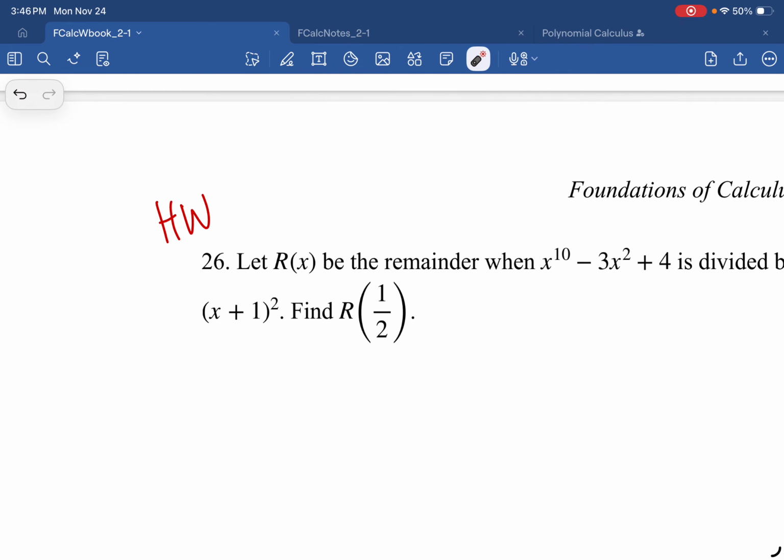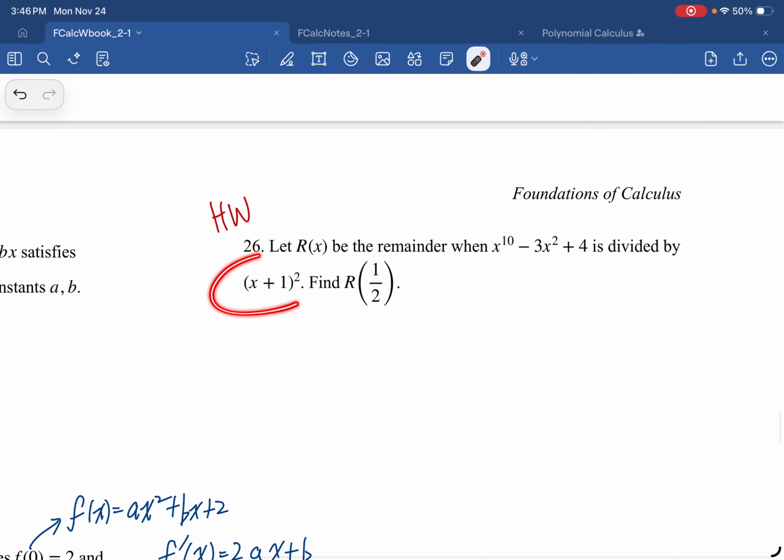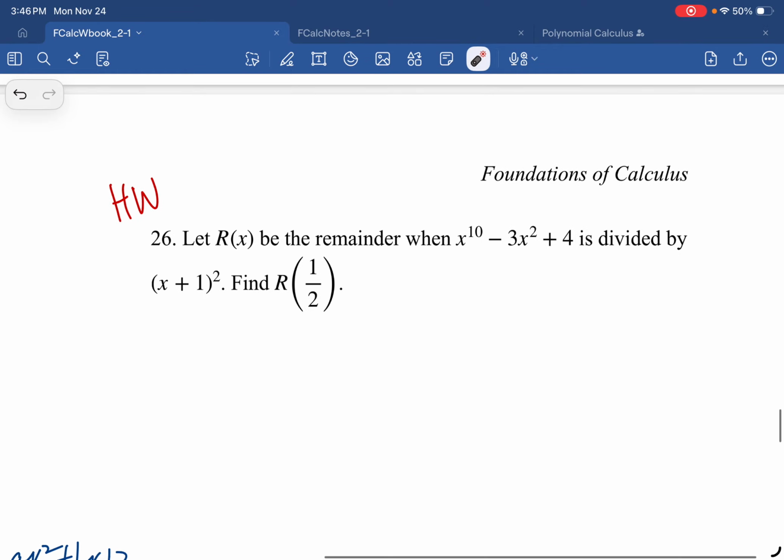Usually when you divide something by a quadratic, your remainder should be linear, right? So you'll get two unknowns as your remainder. But notice that there's only one good value to plug in, and that's -1, since that will cancel out the quotient term, right? Unless you really want to do polynomial division, which, if you want to solve this quickly, you probably shouldn't go down that path.